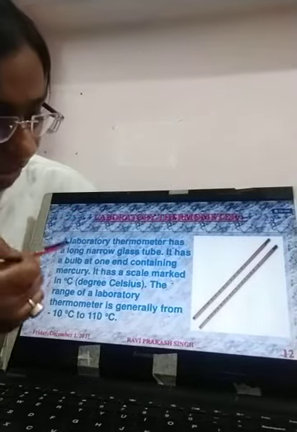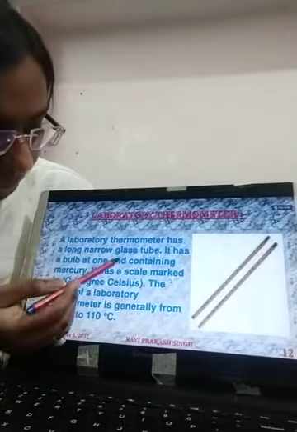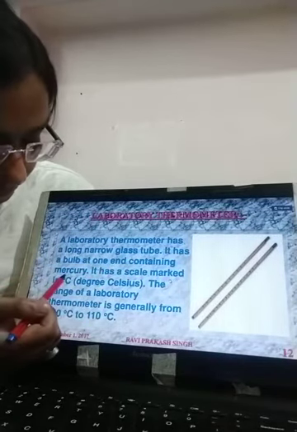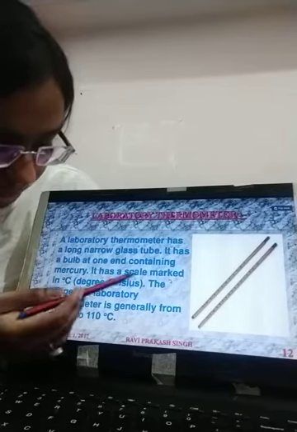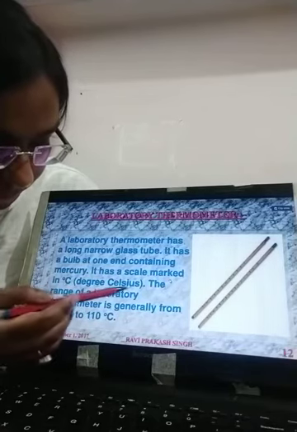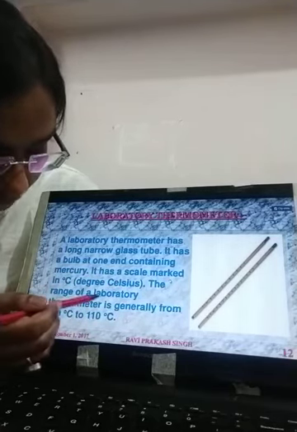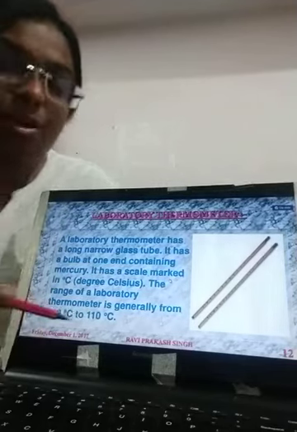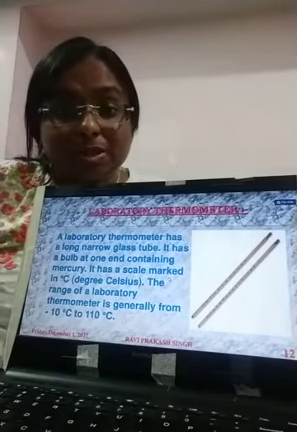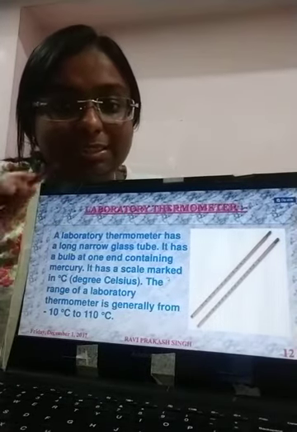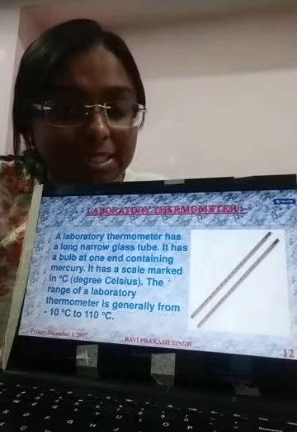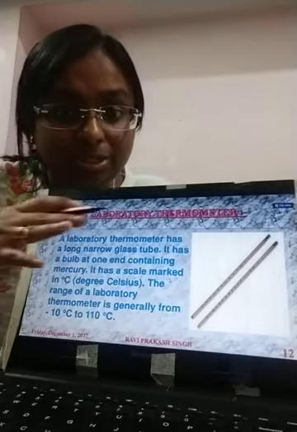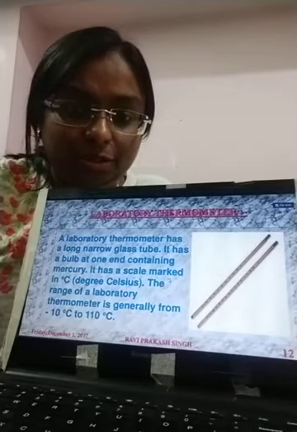Next, let's see. A lab thermometer has a long narrow glass tube. It has a bulb at one end containing mercury. It has a scale marked in degrees centigrade. The range of the laboratory thermometer is generally from -10 to 110 degrees centigrade. That is a huge length of scale.